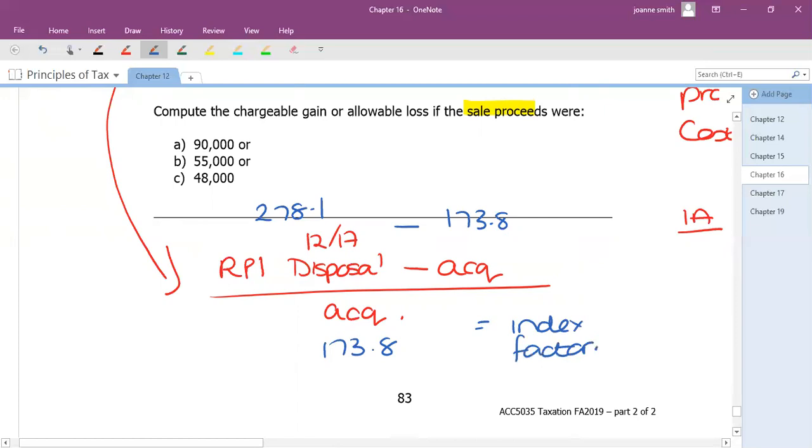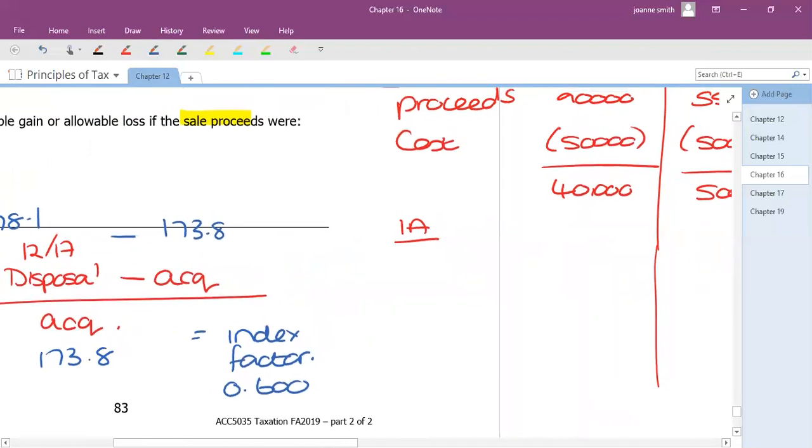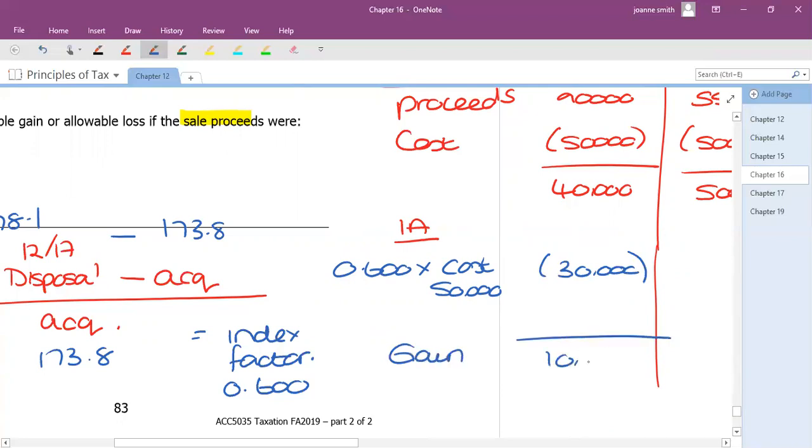So 278.1 minus 173.8 divided by 173.8 gives me 0.6, pretty much 0.600, isn't it, to 3 decimal places. So I'm going to use that factor to multiply by the cost, which is 50,000. And if I do that, that gives me 30,000. So in the first example, the gain is reduced to 10.